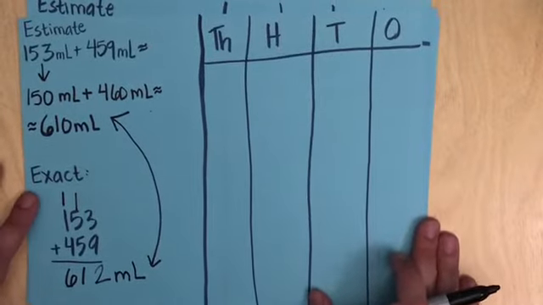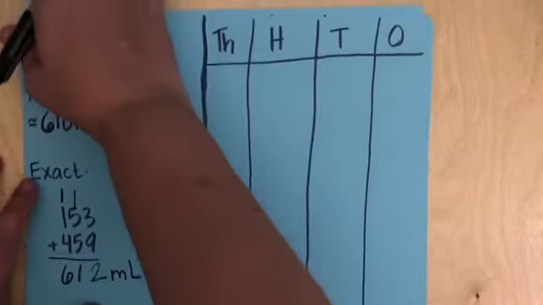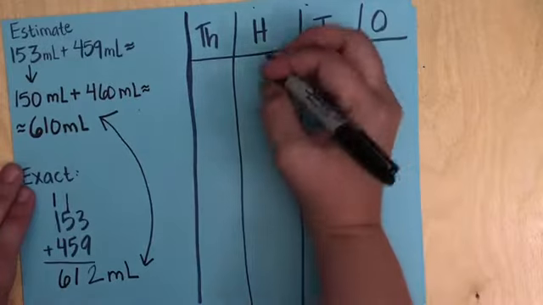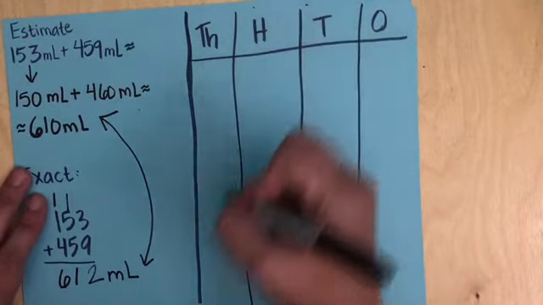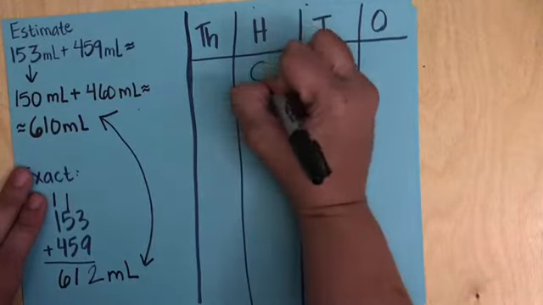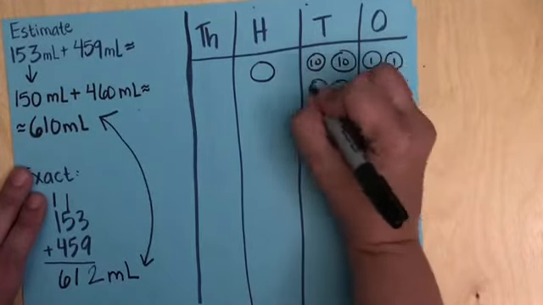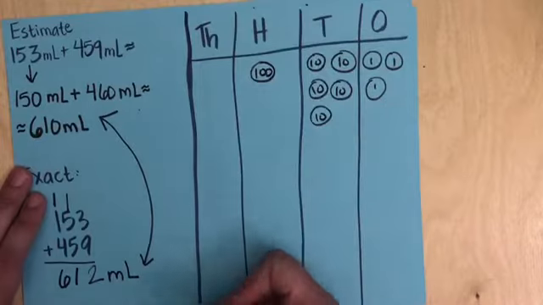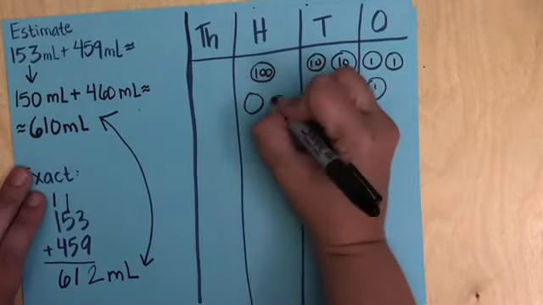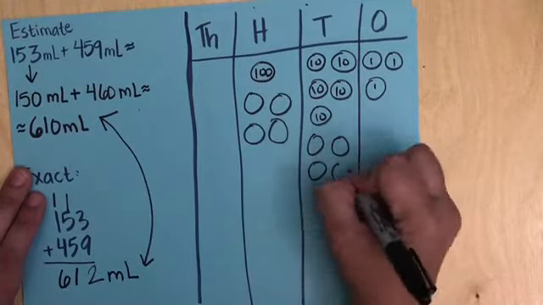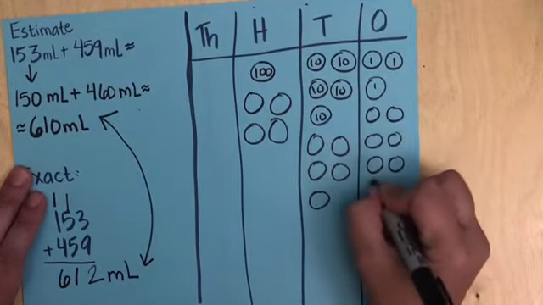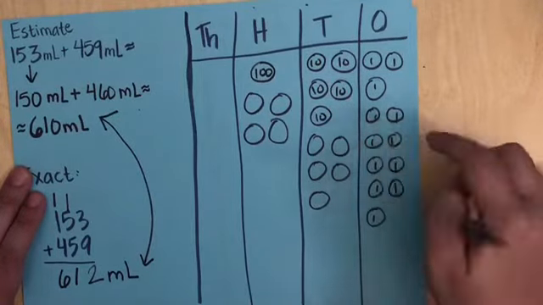Double checking it with my place value chart, I would have had 153. And then added 459 more. 2, 4, 6, 8, 9.